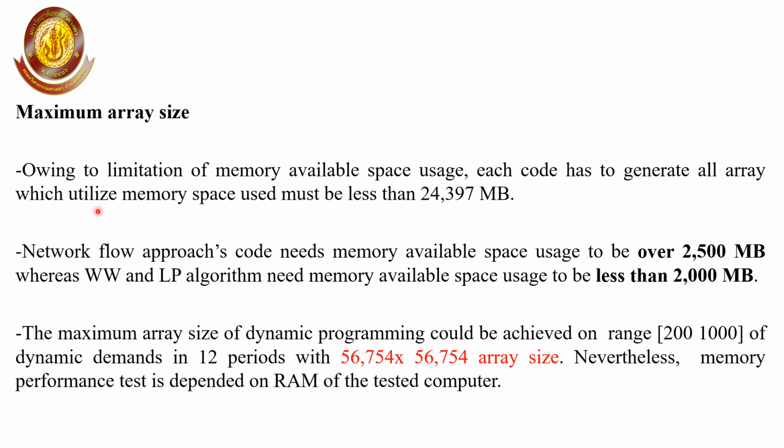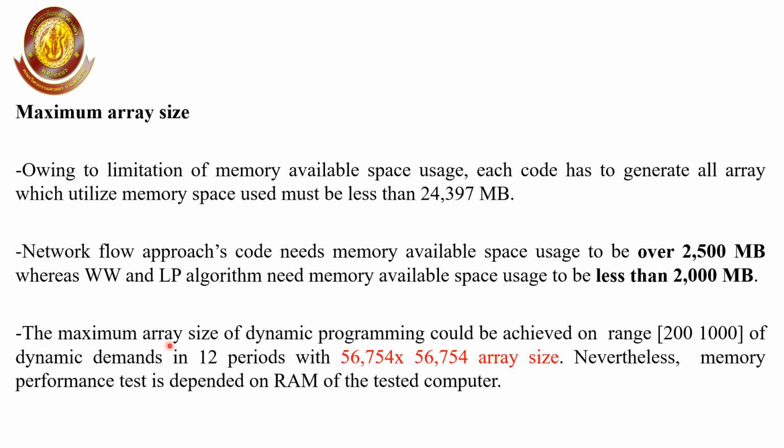Maximum array size. Owing to the limitation of available memory space, each code has to generate an array whose utilized memory space must be less than 24,397 megabytes. The network flow approach code needs available memory space of over 2,500 megabytes, whereas the Wagner-Whitin and LP algorithms need less than 2,000 megabytes.